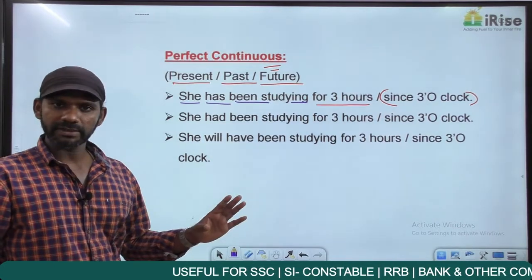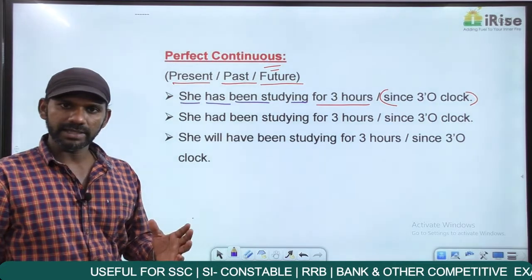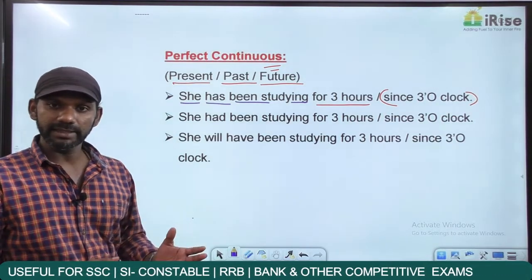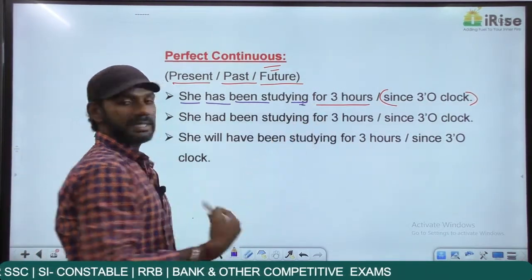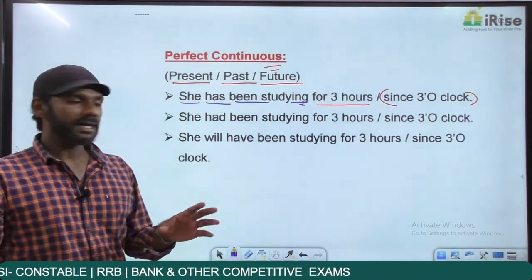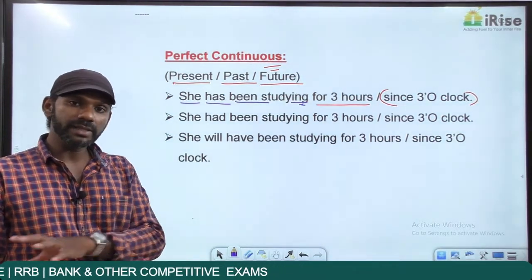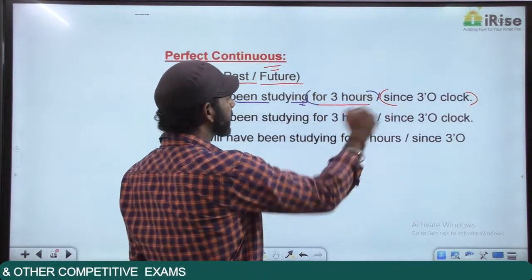Understand the meaning of it. She has been studying for 3 hours means she started studying, the action has started, the action kept going because of ing till some time, and till some time here is 3 hours.